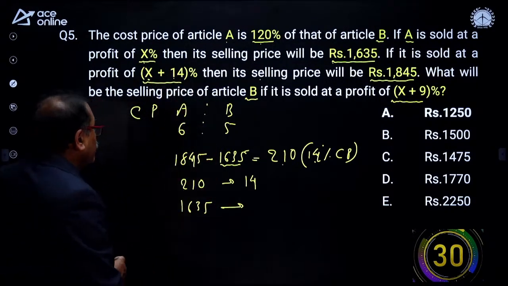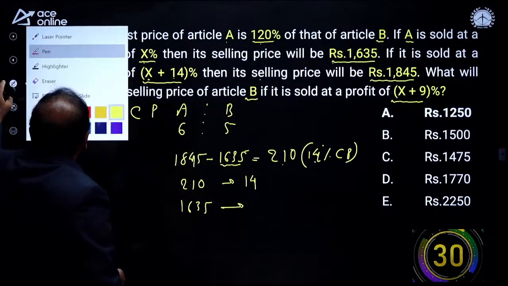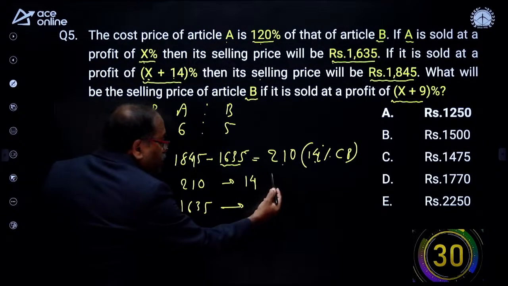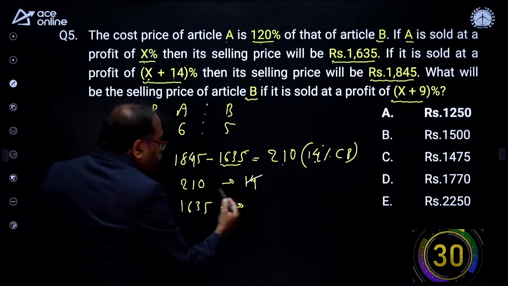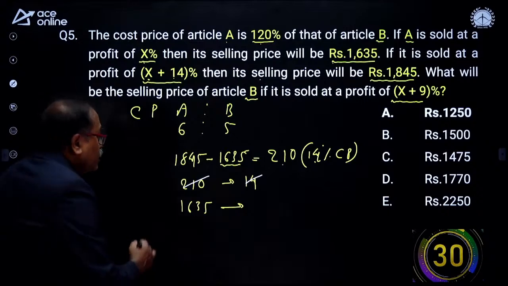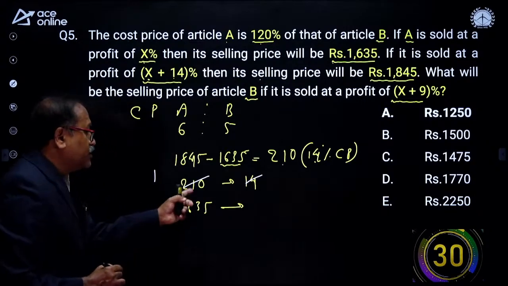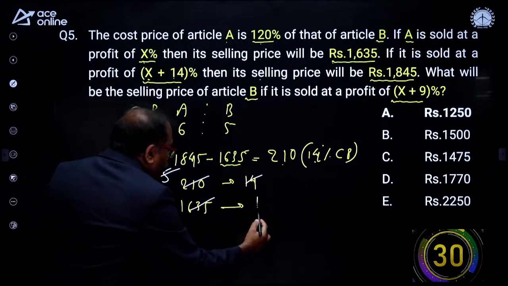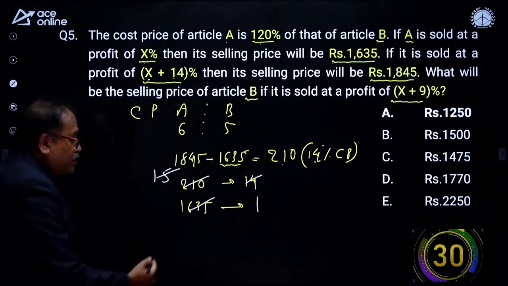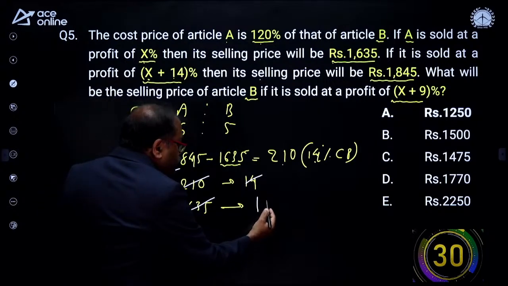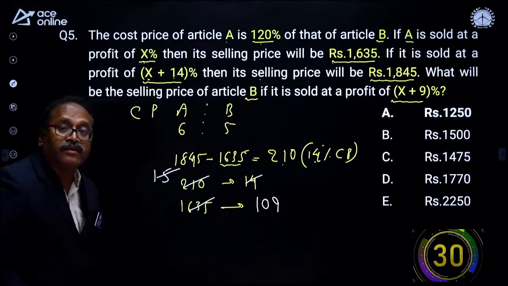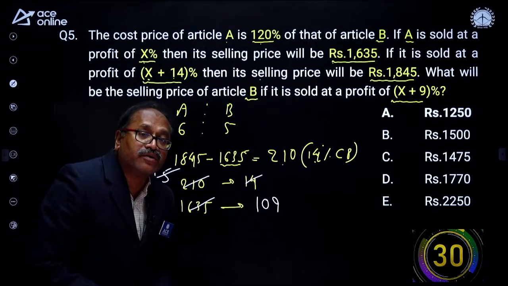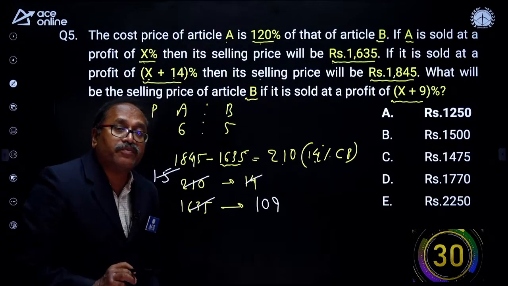So shall I work this out? Let's see how to cancel this part. I multiply this and divide by this. With 14 this gets cancelled, 14 times 1 is 14, and 7 is left, 14 times 5. With this 15 it gets cancelled, 15 times 1 is 15, and I get 135. So the 135 is nothing but 9. Now this selling price is 109% of the cost price. Then what is the profit percentage?